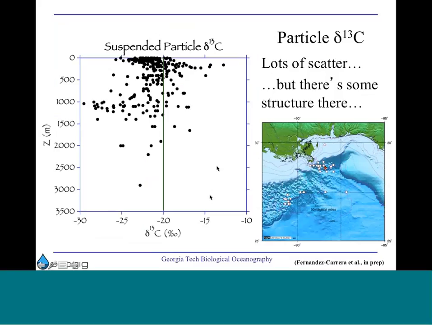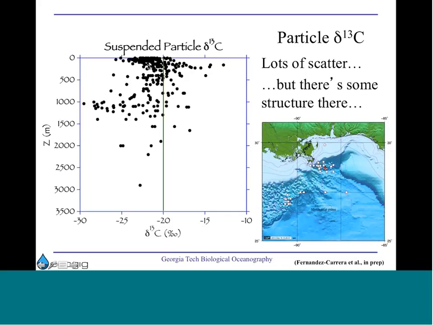For starters, I've plotted all of the delta C13 measurements we made of suspended particles. And that green line is just a visual reference showing the typical delta C13 of marine organic matter. And when you look at this, I've got depth plotted on the vertical axis, delta C13 on the horizontal axis.